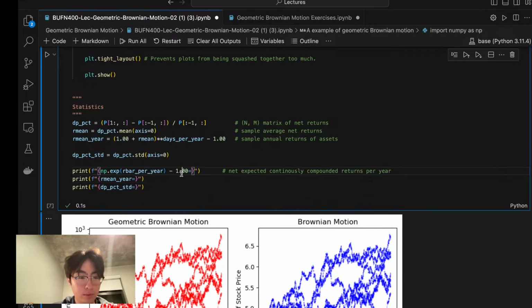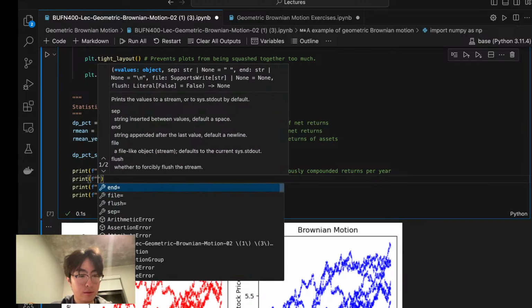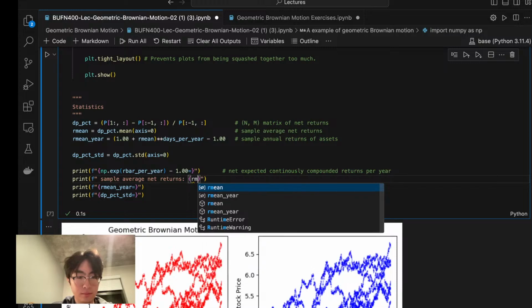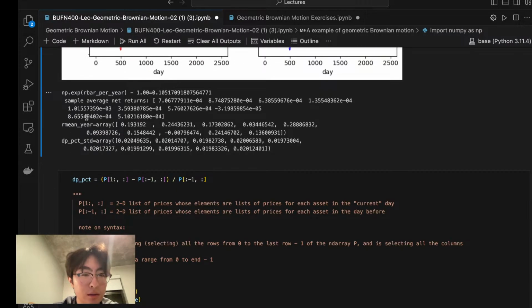What if we print f sample average net returns, and then we include our mean. All right, let's see what's gonna happen.